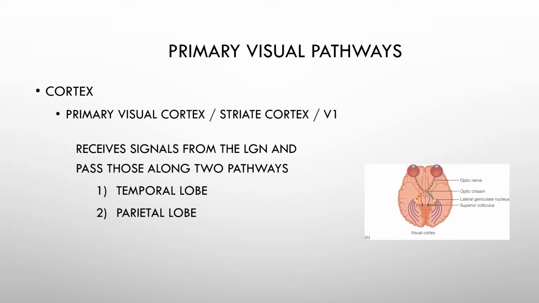Sometimes called V1, meaning primary visual cortex, because different articles that you're going to read are going to use different nomenclature. From the primary visual cortex, we're going to pass that information along to two pathways, to the temporal lobes for object recognition and to the parietal lobes to help us to navigate in space.